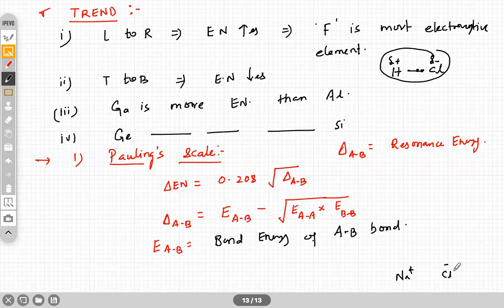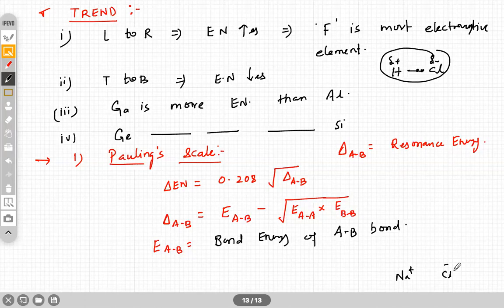Understood? No, it's not. HCl is not electrostatic. It is similar to H2 and HCl if you see. If you compare H2 and HCl, in H2 we do not have an electronegativity difference, so the electron pair will be at the center of the two nuclei. But in HCl, chlorine is more electronegative, so the bond pair of electrons is slightly shifted towards the chlorine, and that leads to polarity in the bond.